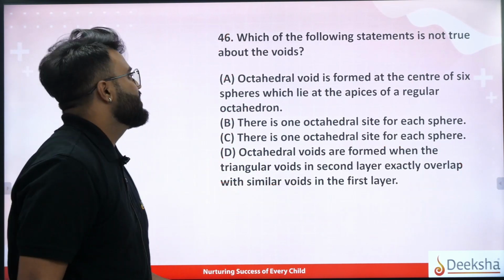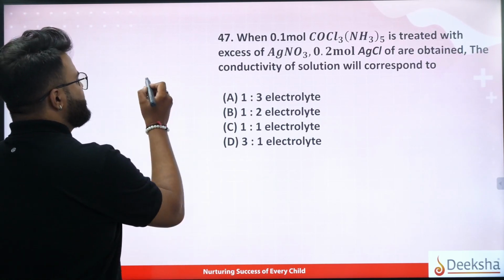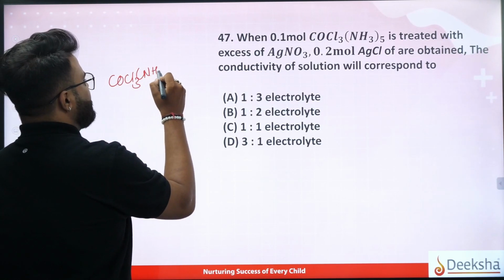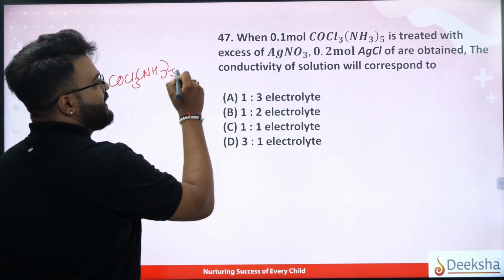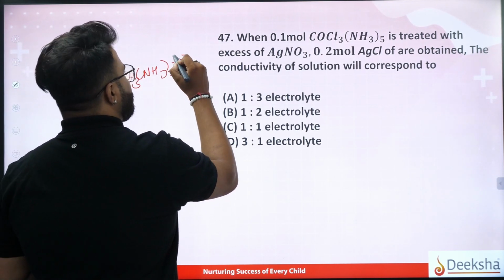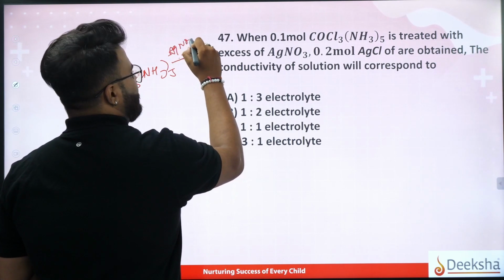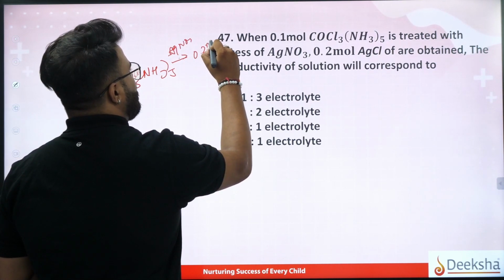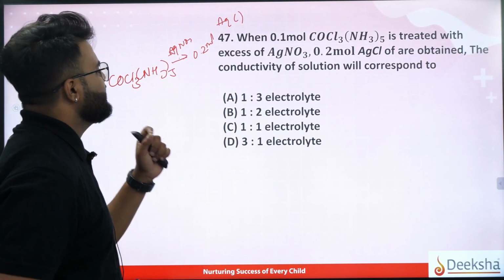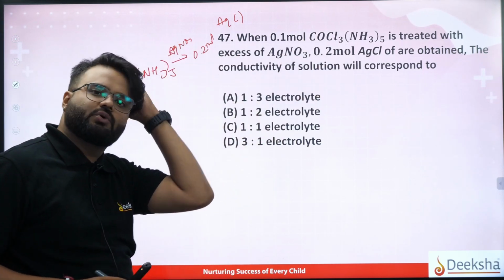Understood? Coming back to question number 47, when 0.1 molar CoCl3.5NH3 is treated with AgNO3, it is giving 0.2 mole of AgCl. Then what will the conductivity of the solution correspond to?